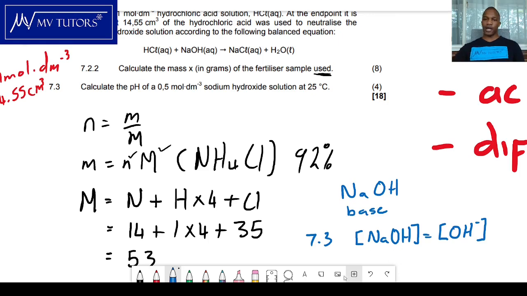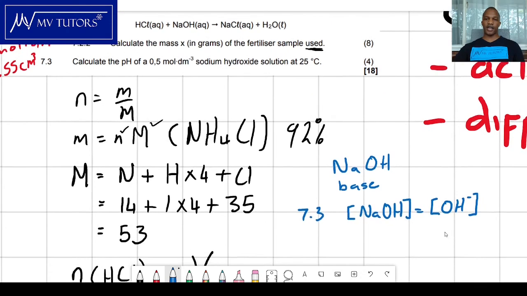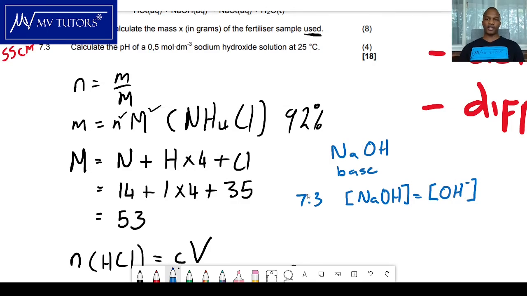So we can then say that since the concentration of sodium hydroxide is 0.5 moles, then the concentration of the hydroxide is also 0.5 moles per decimeter cubed.